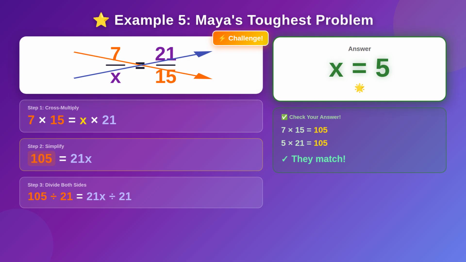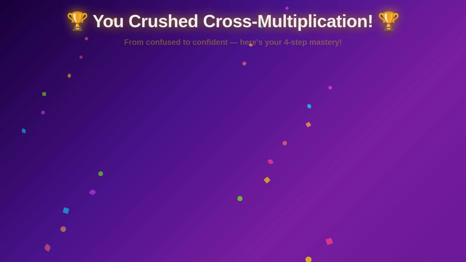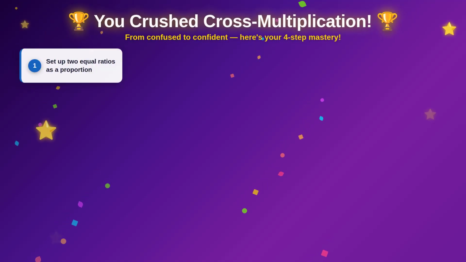Now divide both sides by 21. 105 divided by 21 is 5. So x equals 5. Check it. 7 over 5. Does that equal 21 over 15? 7 times 15 is 105, and 5 times 21 is 105. Yes! Maya solved the toughest problem on her worksheet.